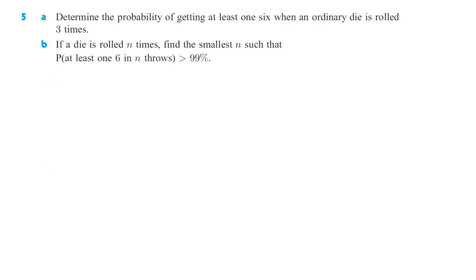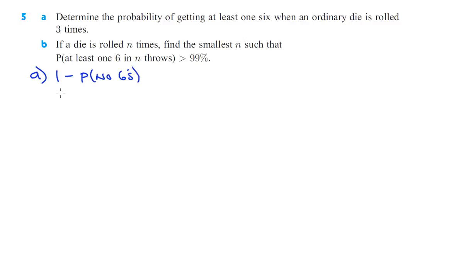All right, 5. Determine the probability of getting at least one 6 when an ordinary die is rolled 3 times. Okay, same thing as the problem that we just did. At least one 6. The easier way to figure that out is to take 1 minus the probability of no 6s rolled.